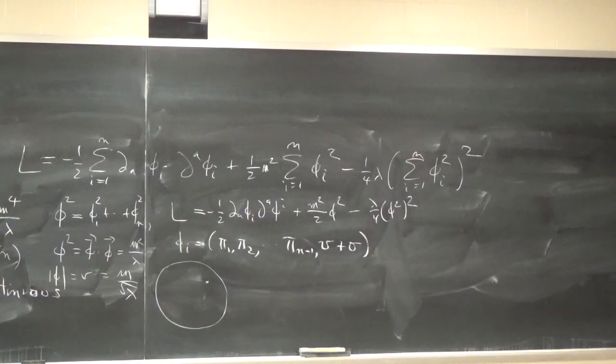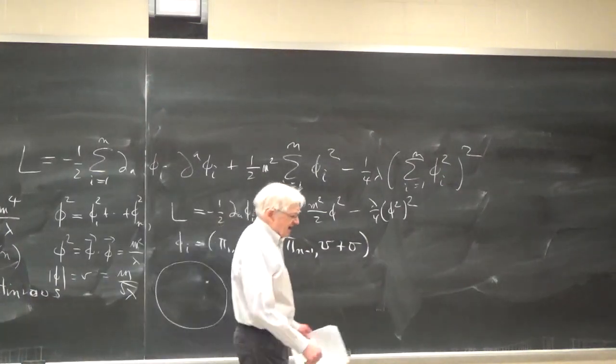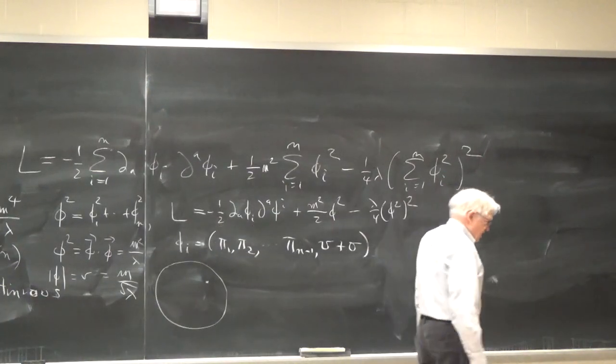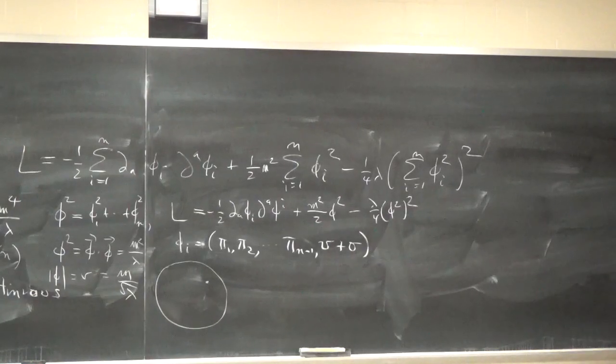It's hard to describe it. I guess we can say that the theory has infinitely many asymmetrical vacua, each of which is part of a symmetric set of asymmetric vacua.